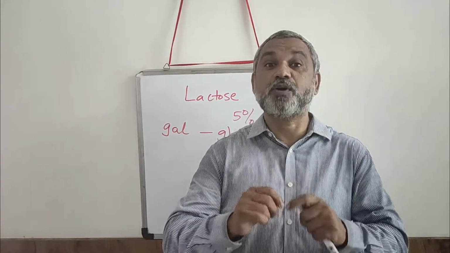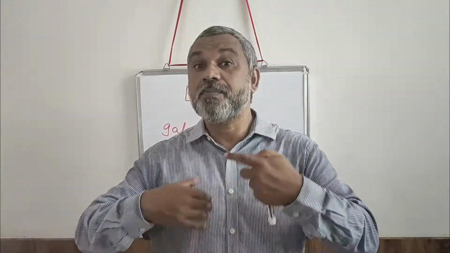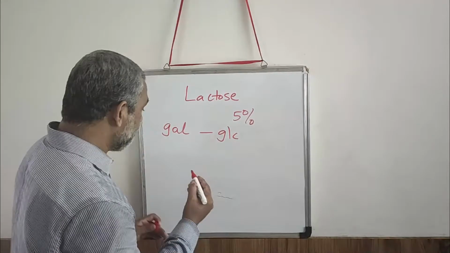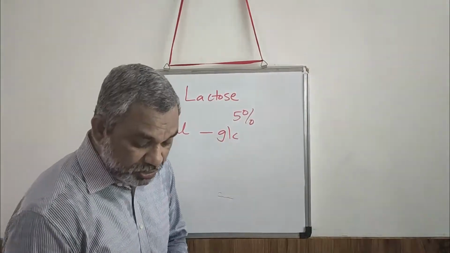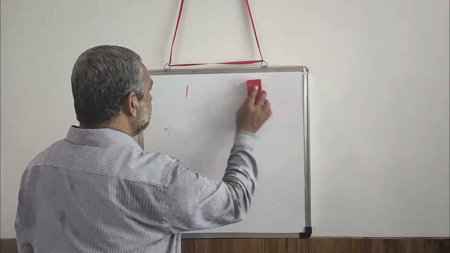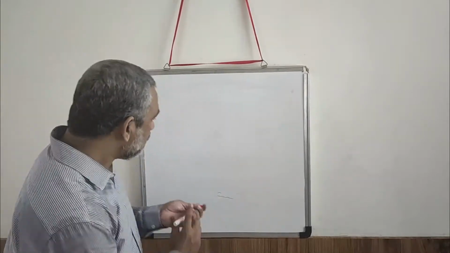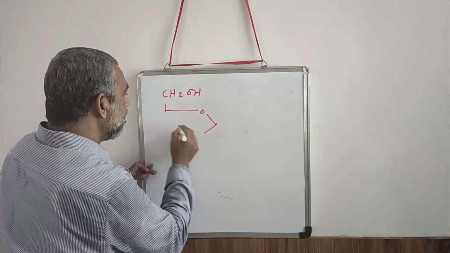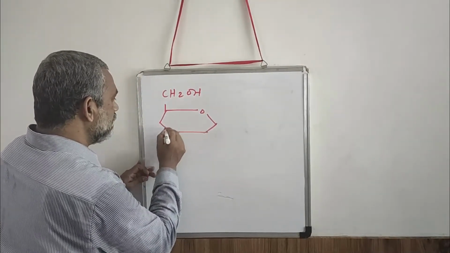Now what is important for us to know is in which form it will exist. So let us draw the structure of galactose. Galactose, as you know, is an epimer of glucose.